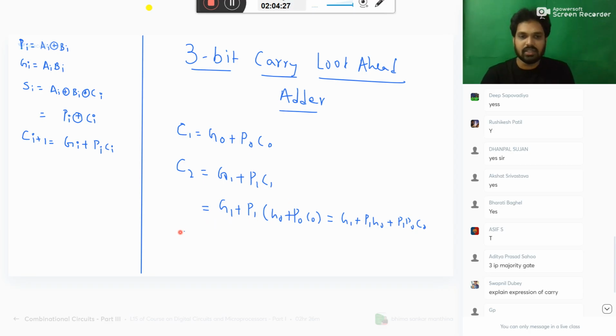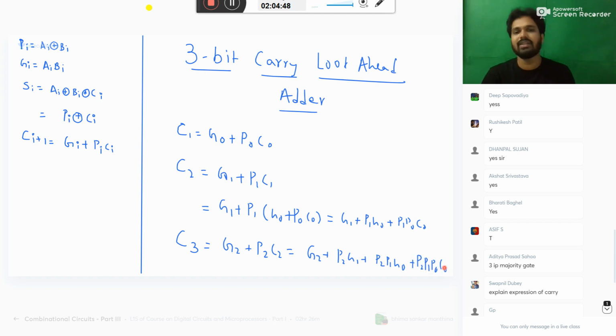Can you tell me what is C3? G2 plus P2 C2, that is G2 plus P2 into this whole equation: G2 plus P2 G1 plus P2 P1 G0 plus P2 P1 P0 C0. Like that you can extend the expression.